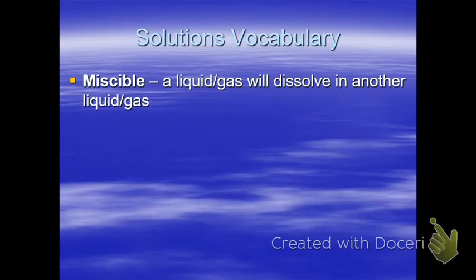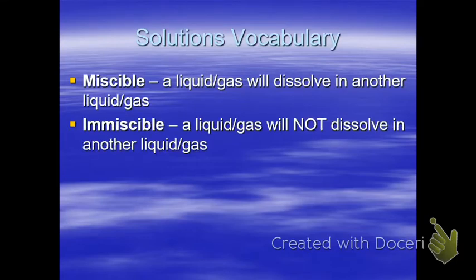Miscible is usually a liquid in another liquid. Alcohol is miscible in water. They will dissolve in one another. Water is immiscible in oil. They will not dissolve in one another. So there's just a lot of vocabulary there.